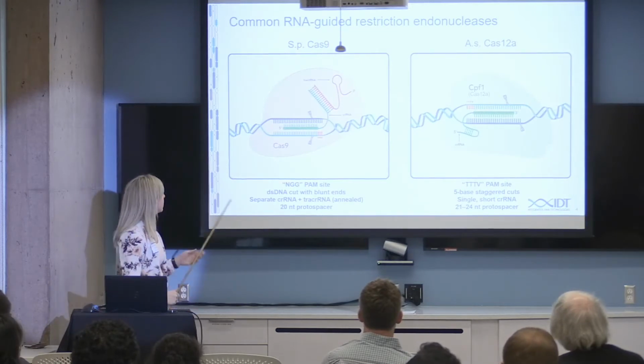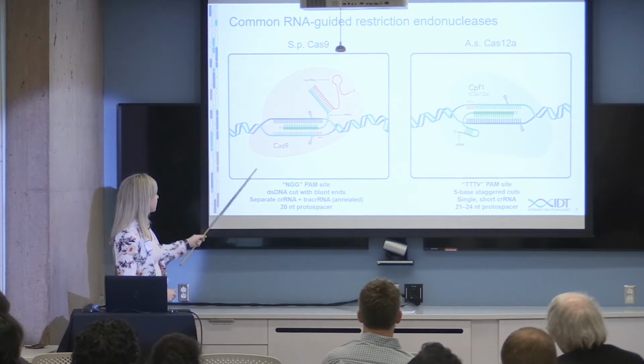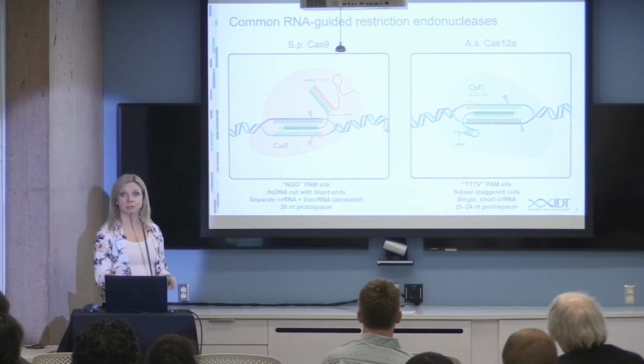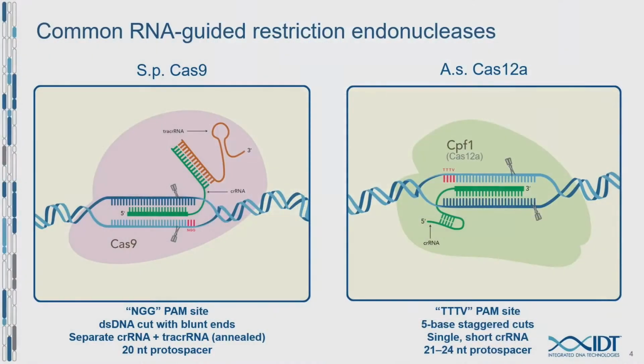So to look at these nucleases in a little more detail, the Cas9 system natively has two RNA molecules, a crRNA, which contains your target-specific region, and a tracrRNA, which is universal. These can anneal together. We can also chemically synthesize these together by adding a linker loop and make this one RNA molecule.